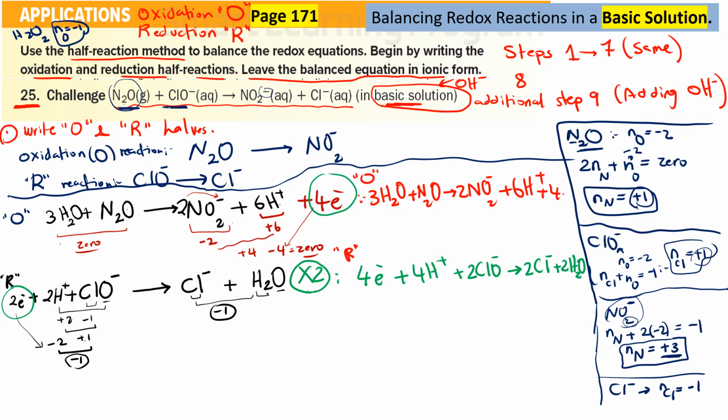The electrons are in the products. How do we know it is reduction? The electrons are in the reactants, on the left of the arrow. Okay. Now add the two equations. Okay. If we add the two equations, let me remove this.